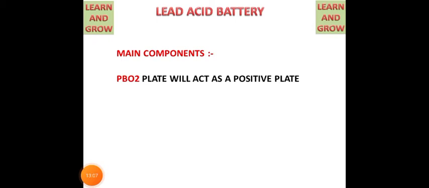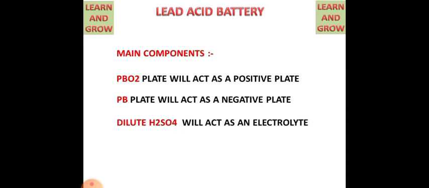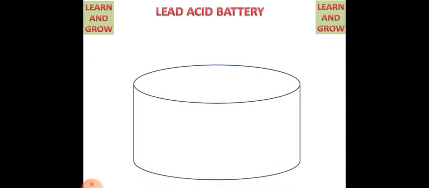Here is the construction and working of your lead acid cell components. A PbO2 plate will act as the positive plate, and a Pb plate will act as the negative plate. Dilute H2SO4 will act as the electrolyte. This is the construction and working of the lead acid battery.